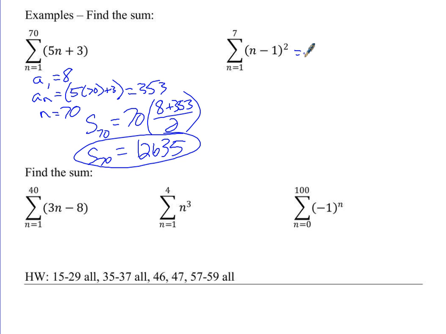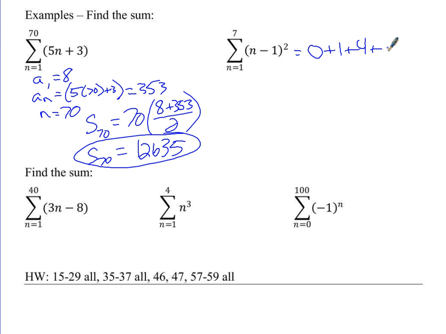Plug in 1, what do you get? 0. 1 minus 1 is 0, squared is 0. Plus, plug in what? Plug in 2. We plugged in 1 already. Plug in 2. 2 minus 1 is 1. Squared is 1. Plus, plug in 3. 3 minus 1 is 2, squared is 4.